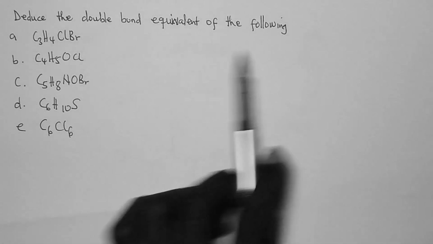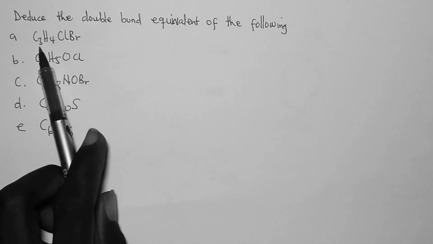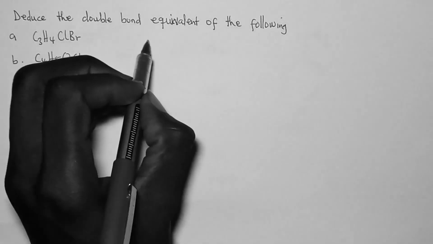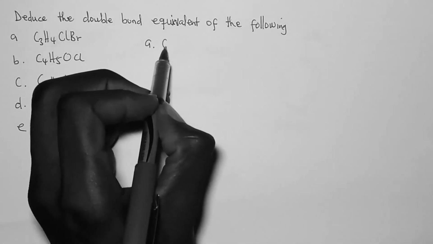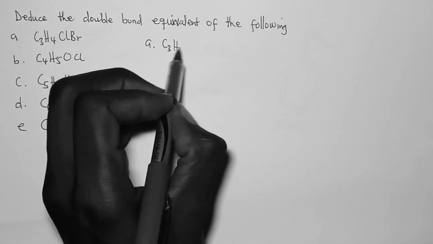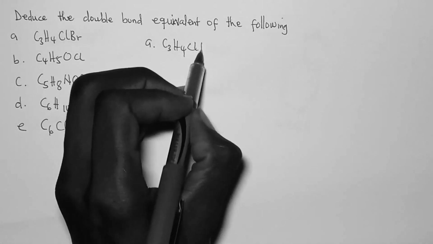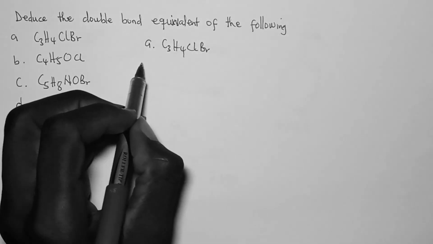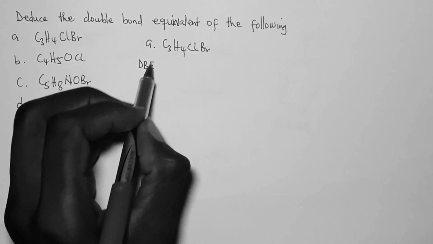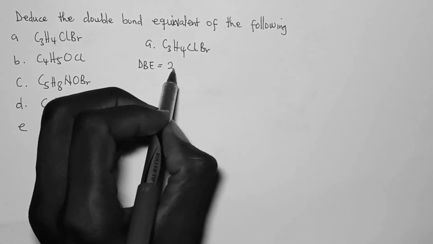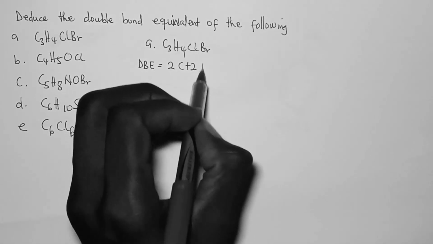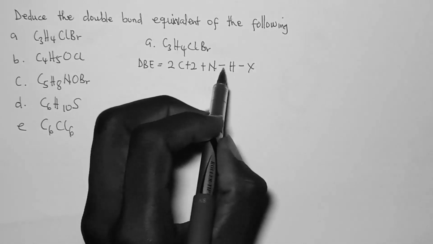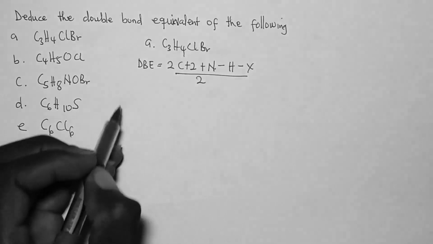Deduce the double bond equivalent of the following: A, C3H4ClBr. So let's start with A. The A is C3H4ClBr. Remember that the double bond equivalence is given as 2C plus 2 plus N minus H minus X, divided by 2.